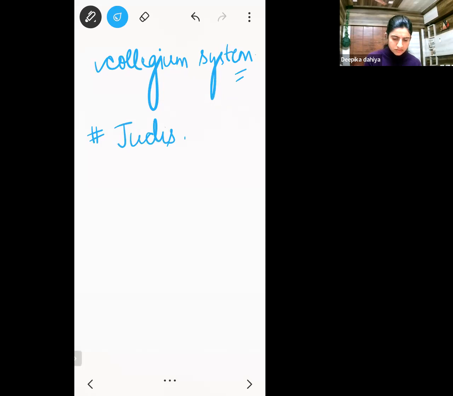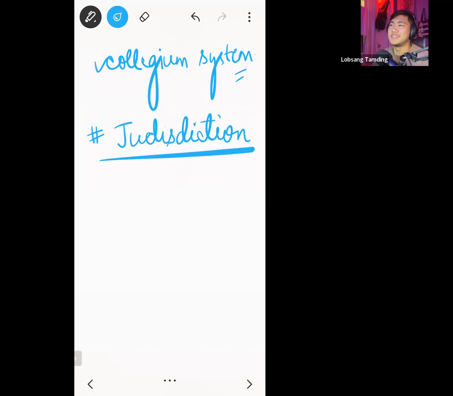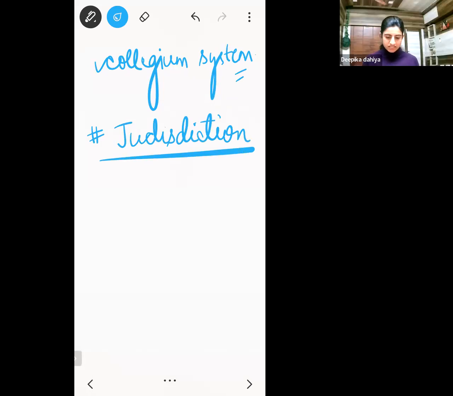What do you mean by jurisdiction? What is the meaning of jurisdiction? I don't know. You don't know? Jurisdiction means in what all areas will the Supreme Court have the power to give its judgments, and how would the Supreme Court be able to give its judgments?